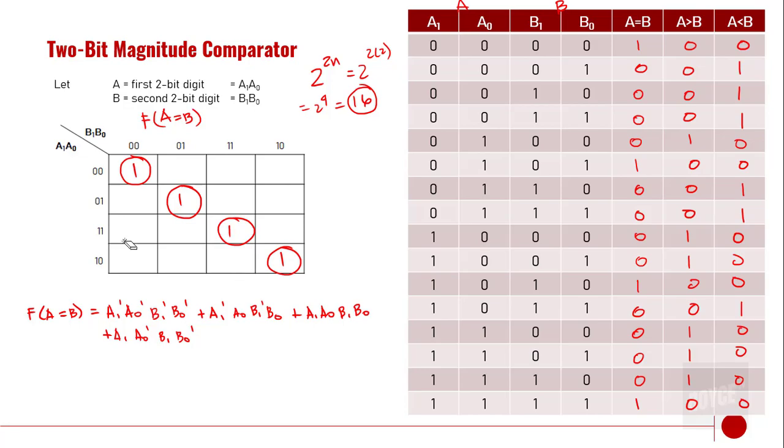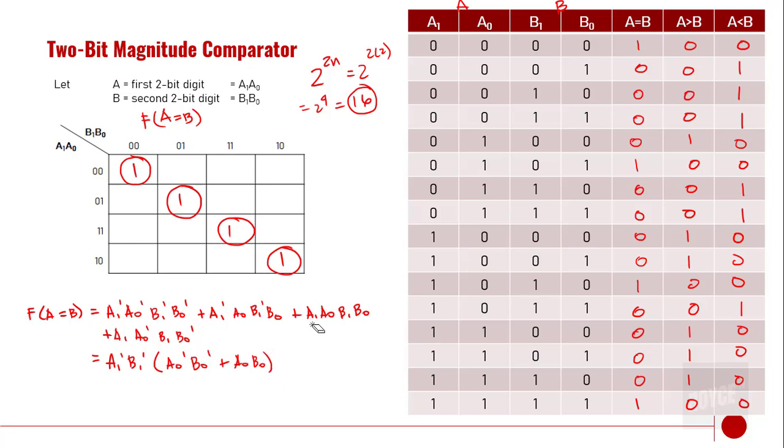Di ba? So let's try to further reduce this. If we are going to factor out A1 prime and B1 prime for this first two terms, this will look like this: A1 prime, B1 prime, naka-AND sa A0 prime, B0 prime, naka-OR sa A0, B0.